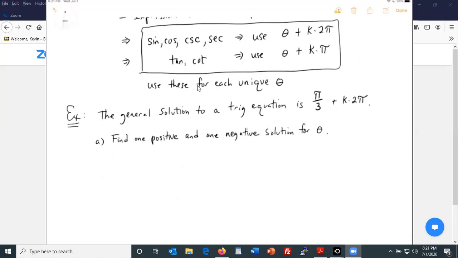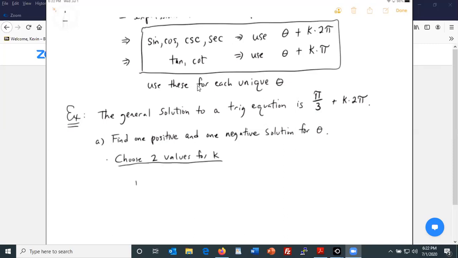So this depends on what you choose for k. You're going to choose, whatever you want, 2 values for k, so that one answer is positive and one is negative. And you can absolutely use k equals 0 if you like, because remember, k is a whole number.